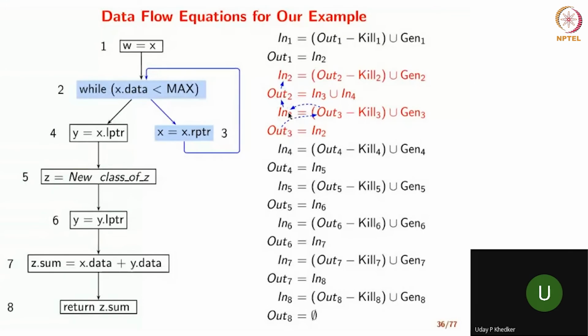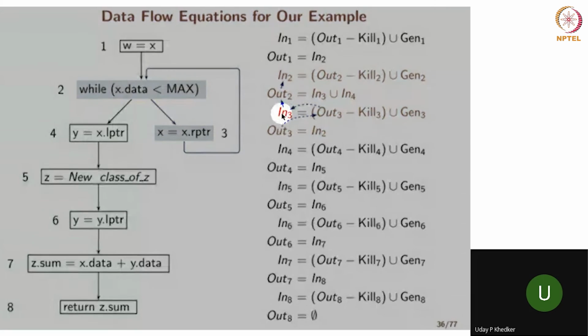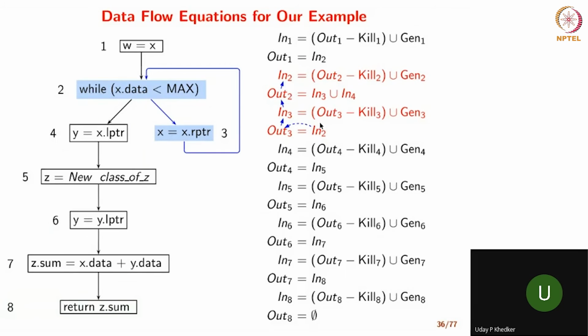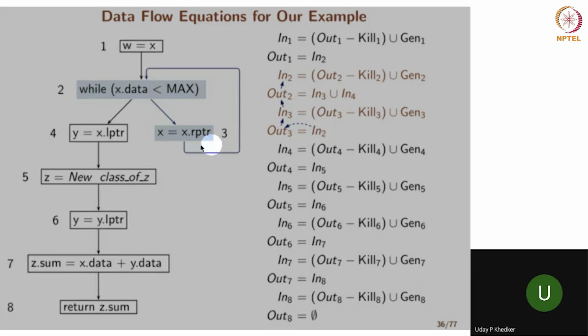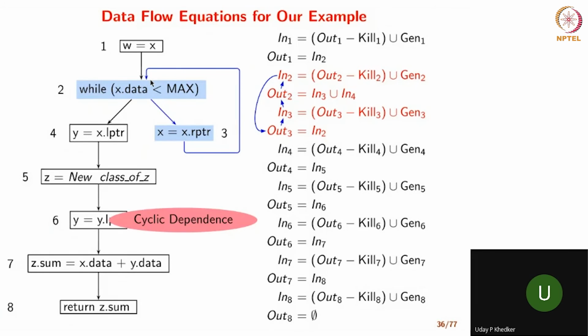In of 3 in turn is computed from out of 3, which in turn is computed from in of 2. So out of 3 is computed from in of 2, which means that there is a cyclic dependence of the data flow variable in on itself. There is a self-dependence. This happens in the presence of loops.